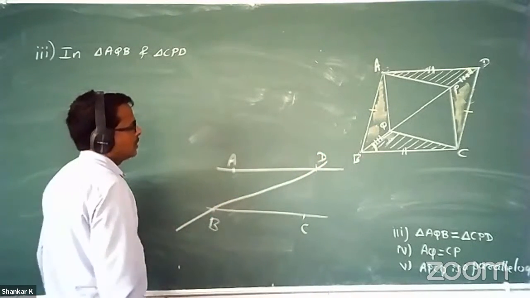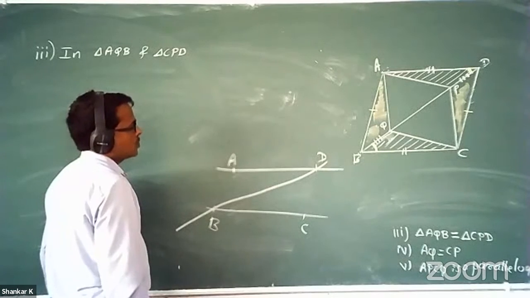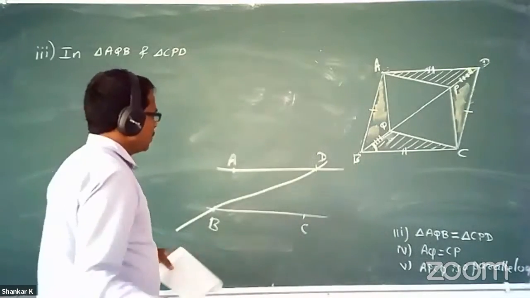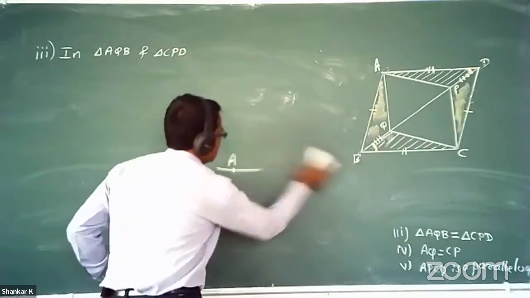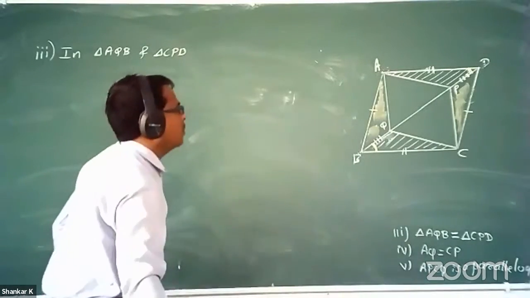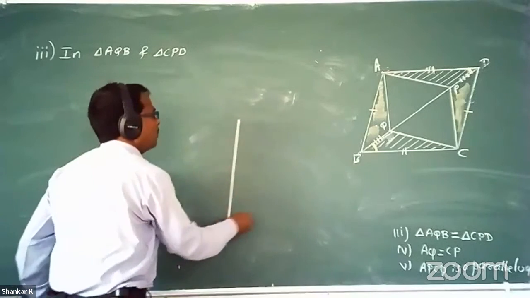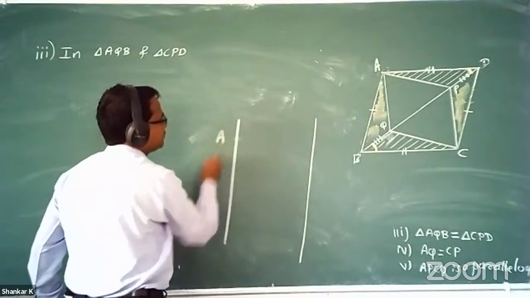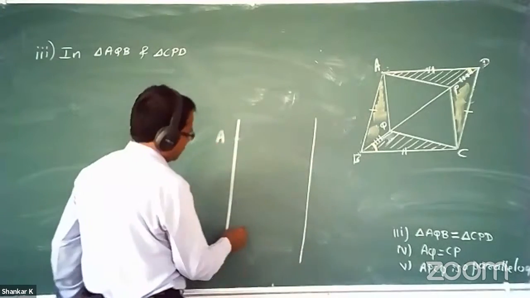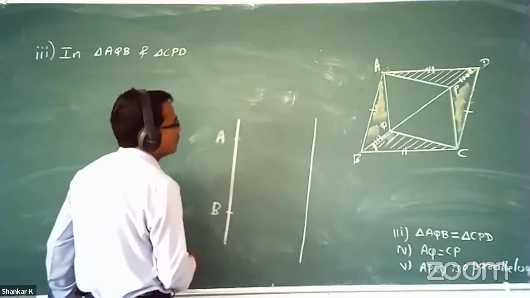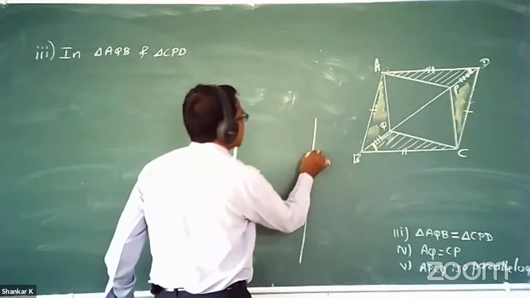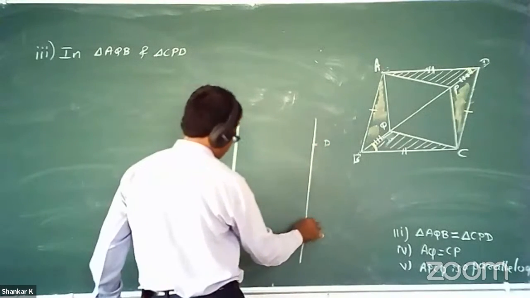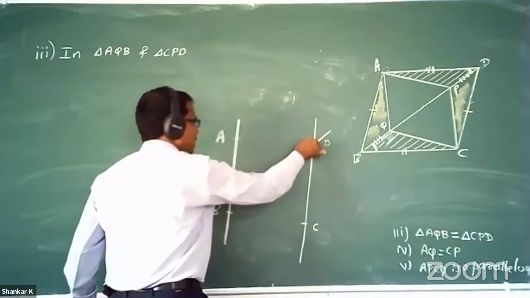You have to take it this way. A, B, C. A is here and B is here. D, let us take D here, then C. One line is like this.